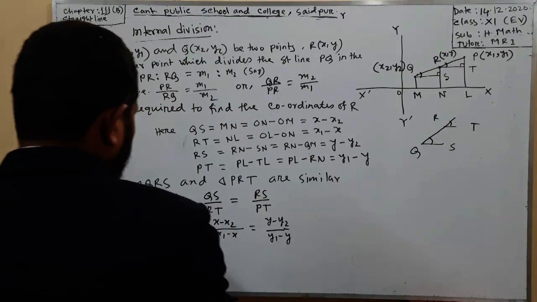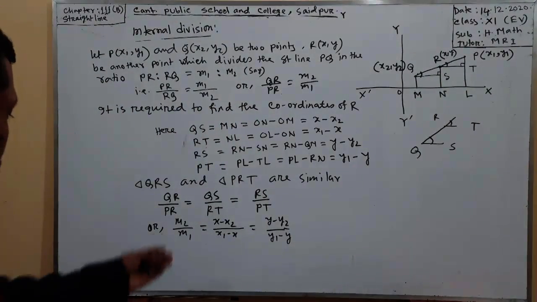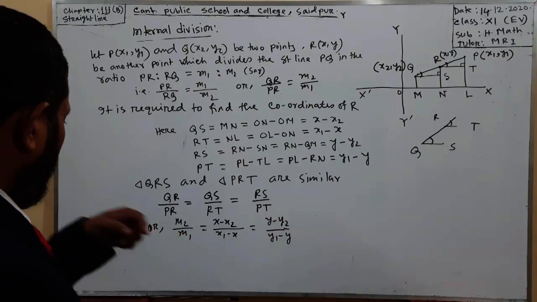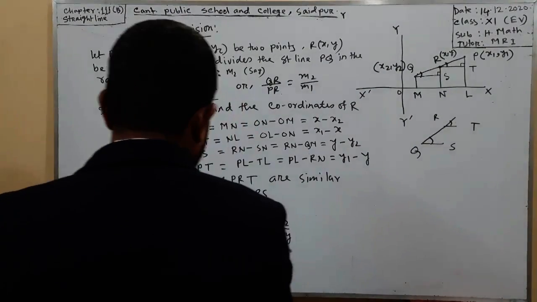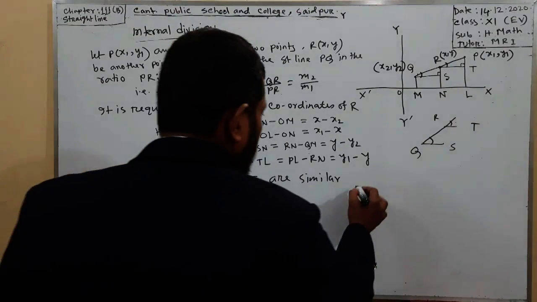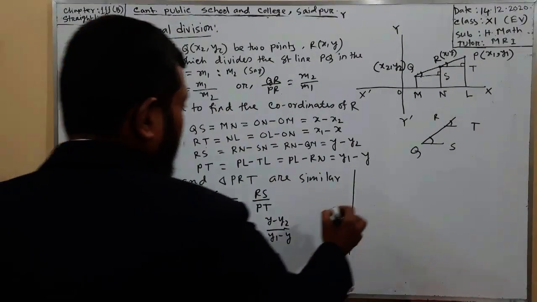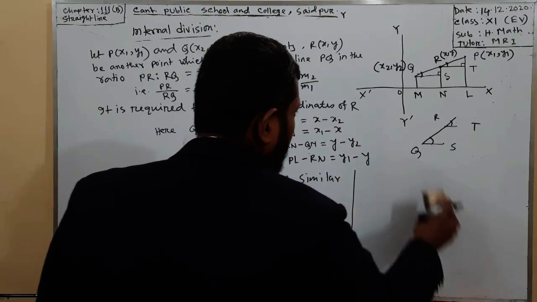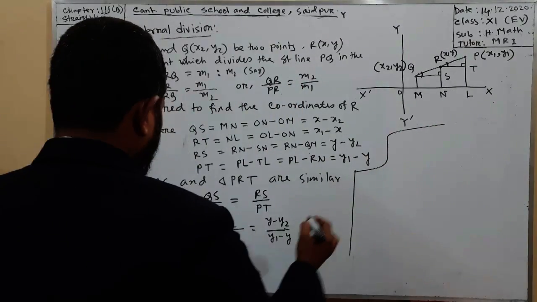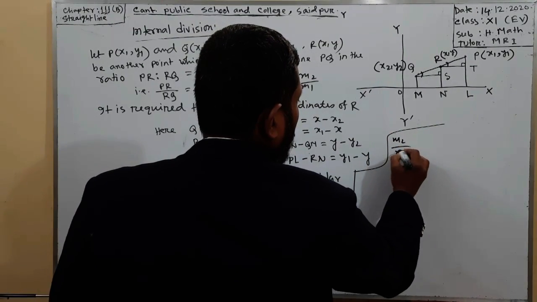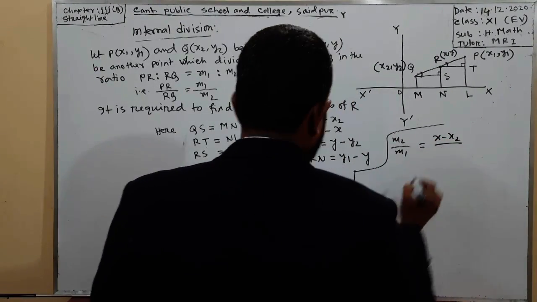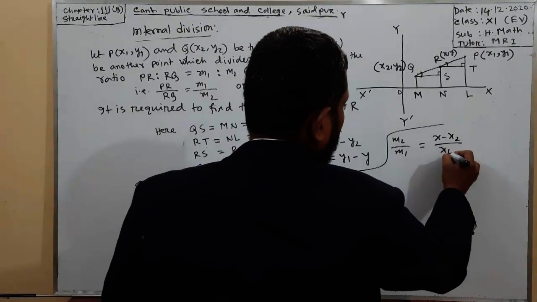If we take any two terms, first I am taking M2 by M1 is equal to (x minus x2) by (x1 minus x).